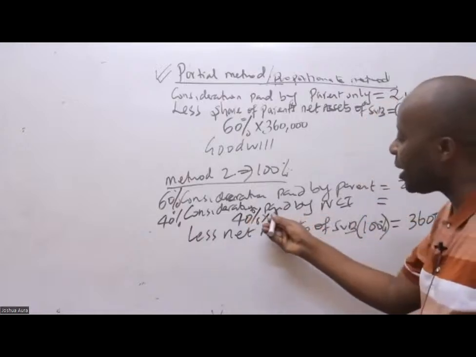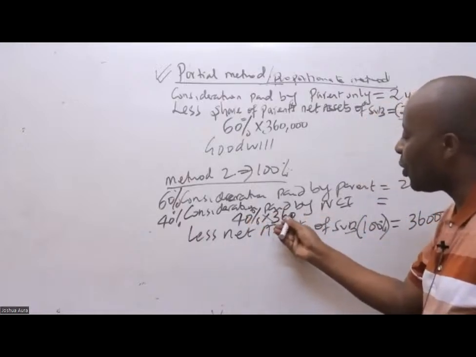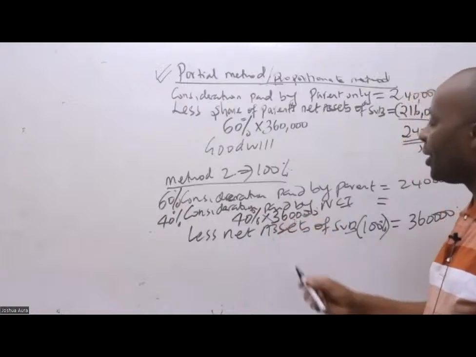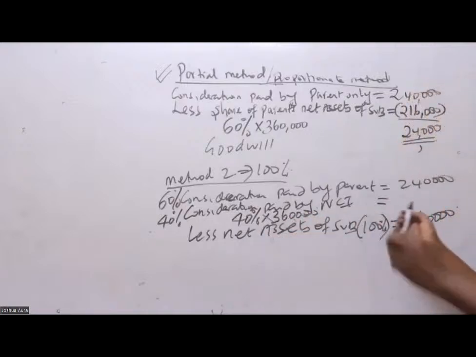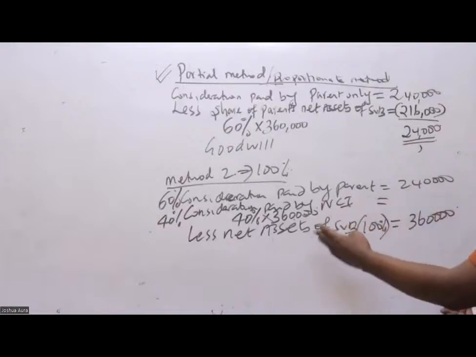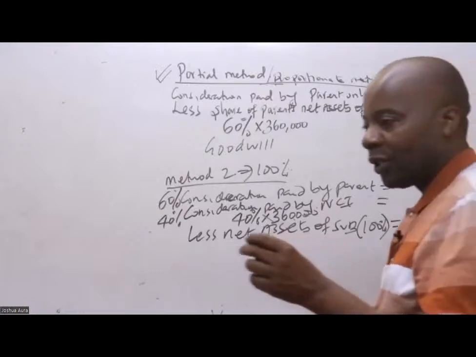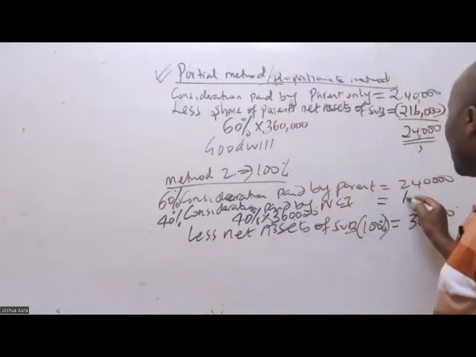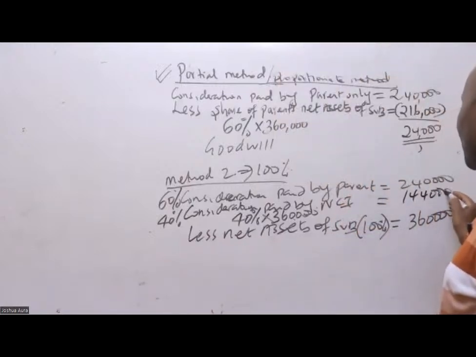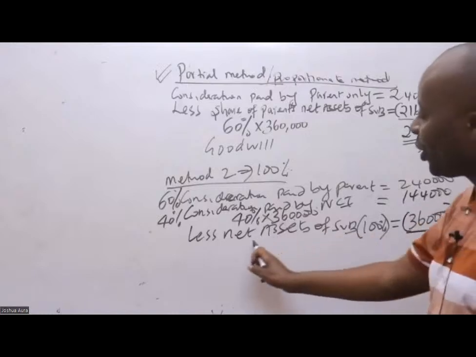So 40% of 360,000. Can somebody give me this 40%? Somebody is giving me a figure of 144,000.